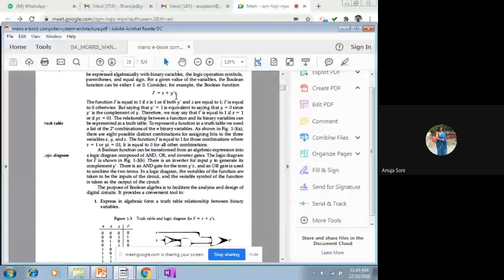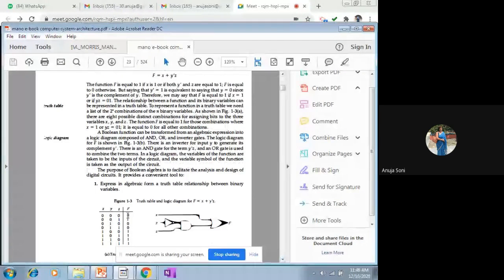So how do we draw the logic circuit diagram corresponding to this given Boolean expression? How many input variables do we require? 3 input variables, x, y, and z. Simply, we have to draw these 3 lines, x, y, and z.